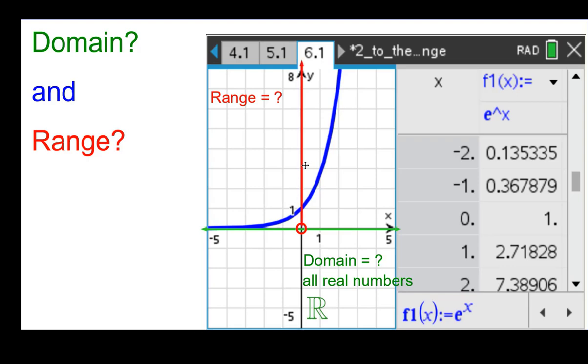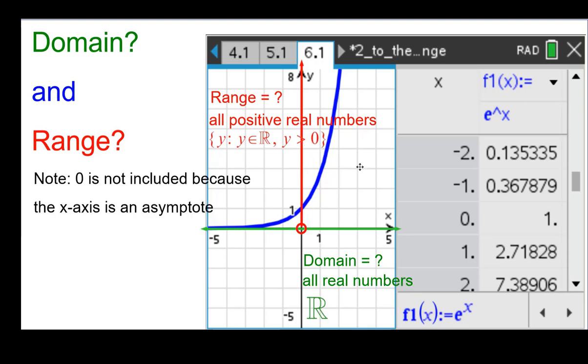So we say these are the positive real numbers for the range, and we write it, the set of all y, such that y is a member of the reals, and y is strictly greater than 0. Note that 0 is not included because the x-axis is an asymptote, so it's strictly greater than 0.